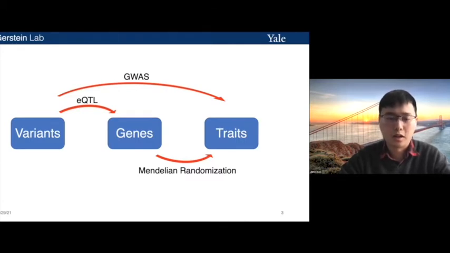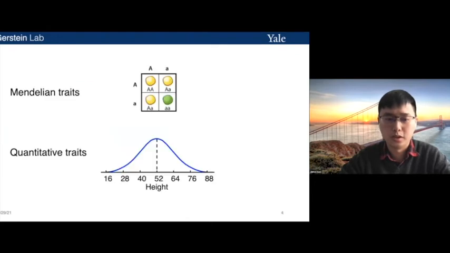There are also other methods called Mendelian randomization that can be used to find the so-called causal genes for some disease. And today I'm going to focus more on the eQTLs. To understand the eQTLs, first we need to know what a QTL is, and then what a quantitative trait actually is.